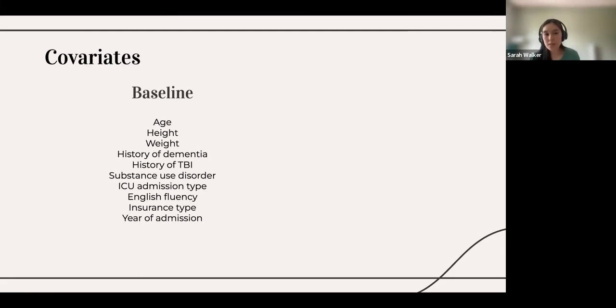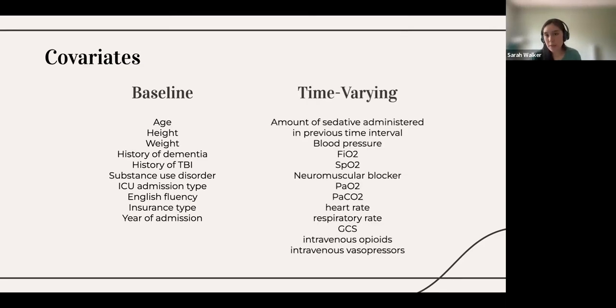So if a patient doesn't know English upon first receiving invasive ventilation, they're probably not going to know it by the time they get extubated. And then we have our time varying predictors like blood pressure or heart rate. So this changes over time. So we're going to get a summary of these values for each 4-hour time interval.